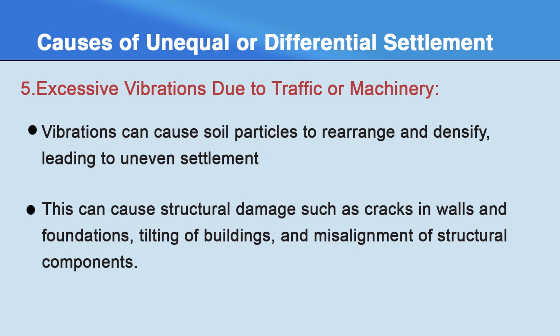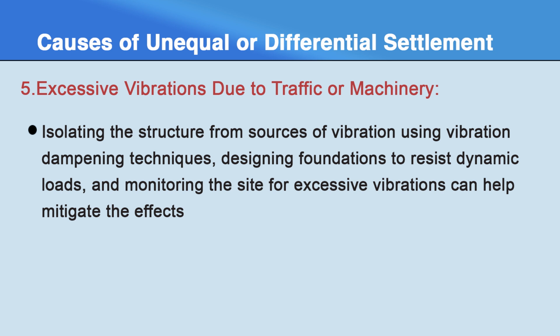These can cause structural damage such as cracks in the walls and foundations, tilting of the buildings, and misalignment of the structural components. Isolating the structure from the sources of vibration using vibration dampening techniques, designing foundations to resist dynamic loads, and monitoring the site for excessive vibrations can help mitigate this effect.